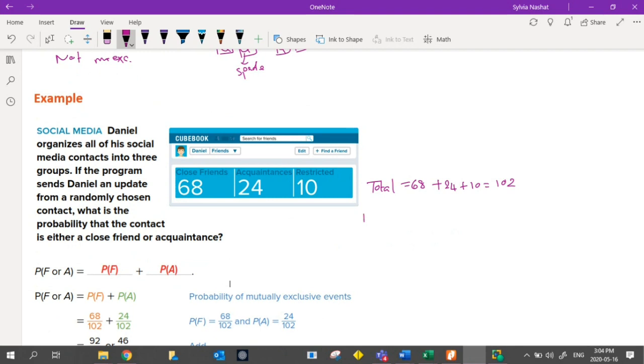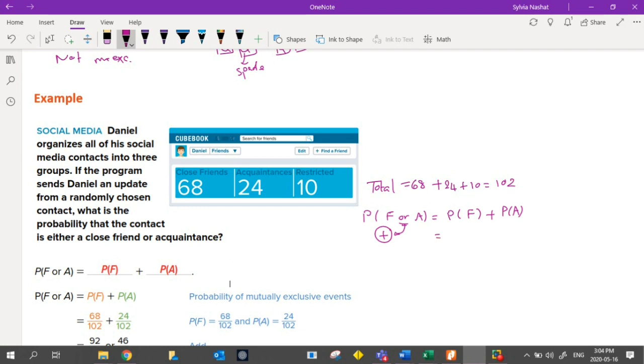After that, you're going to find the probability of the contact being a close friend or an acquaintance. By our rule, because they are mutually exclusive, this is equal to the probability of a close friend plus the probability of an acquaintance. So the word or means we add the probabilities.